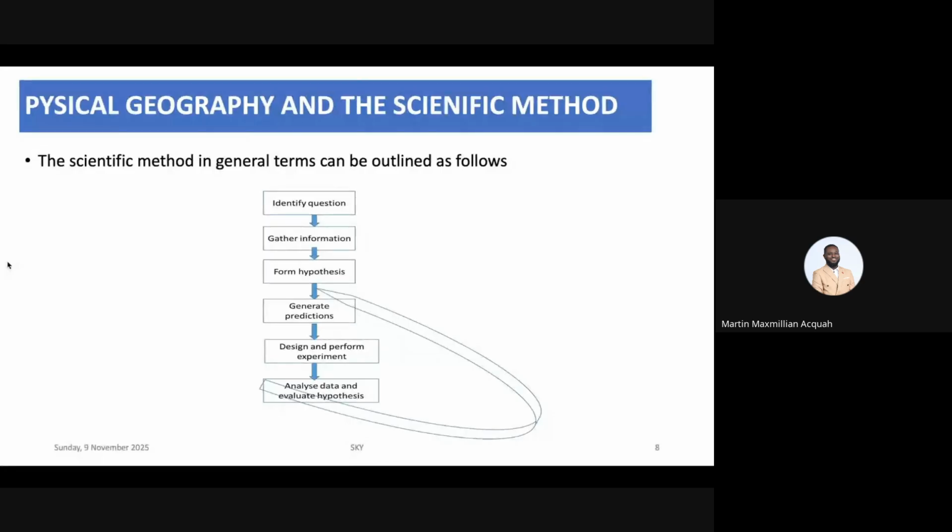Then another thing is know the subfields of physical geography as well as the questions geographers ask. So this is the summary of all that we have learned.